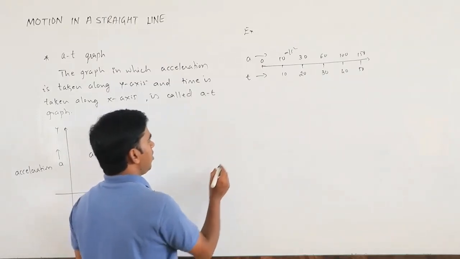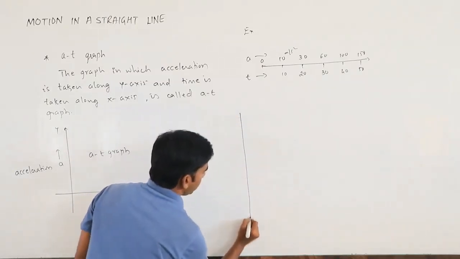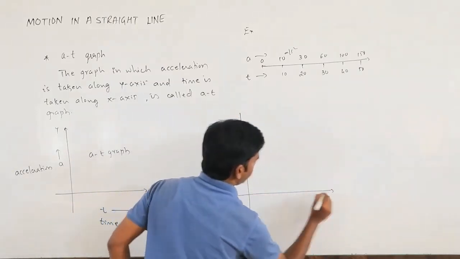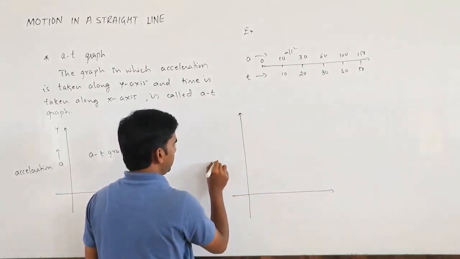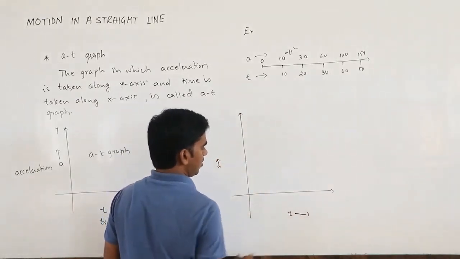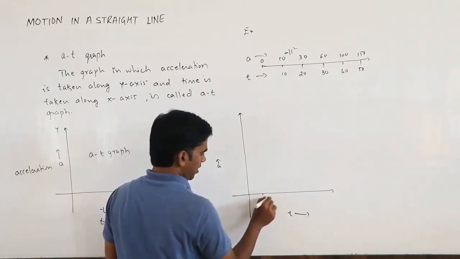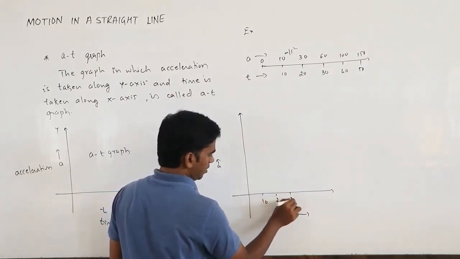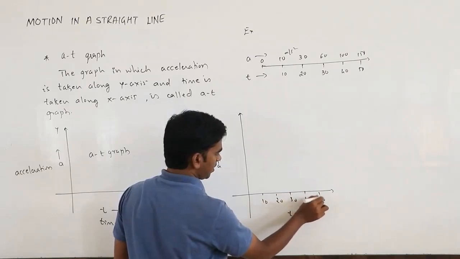So if I plot the graph over here, this is acceleration along the y-axis and time along the x-axis. So 10, 20, 30, 40, 50.